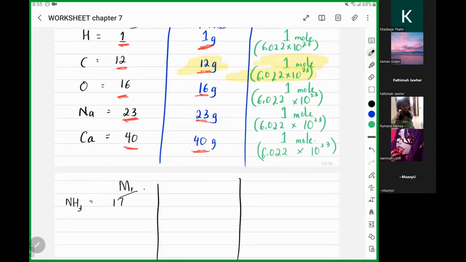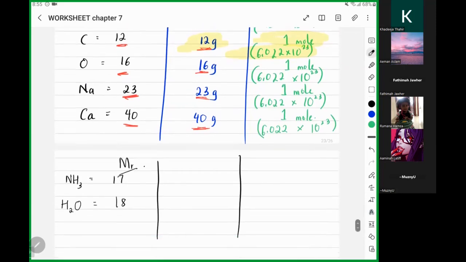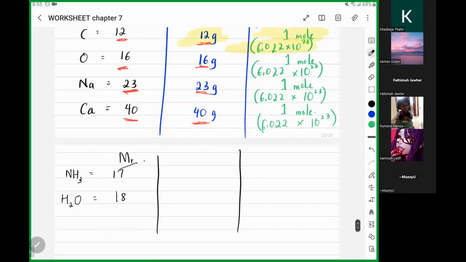Better, right? Okay, so now I'm going to take a few molecules. 17 for ammonia. Water is... Okay, thank you. Now what I did was, even for these molecules, I took them in mass. I took 17 grams of ammonia, 18 grams of water, and 44 grams of carbon dioxide.